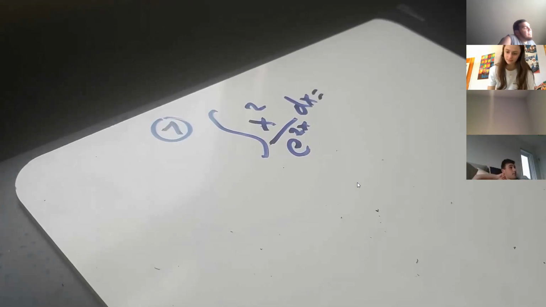What we could do, my instinct says f of x is going to be x squared, and then the g prime of x is 1 over e to the 2x. That's what I did, but then I stopped because, what's the antiderivative of 1 over e to the 2x? E to the negative 2x over negative 2? No, I don't think so.